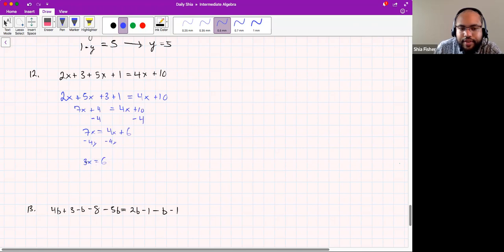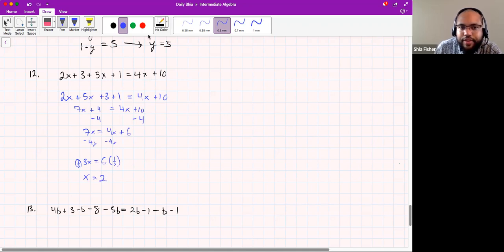And then I will divide both sides by 3, which is the same as multiplying by 1/3. So that I have x equals 2.